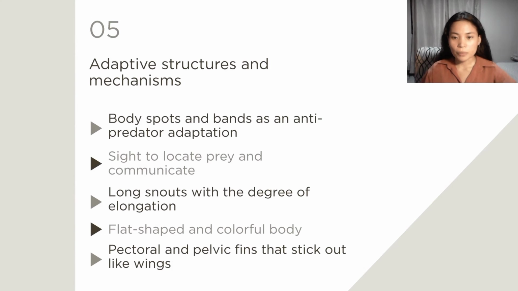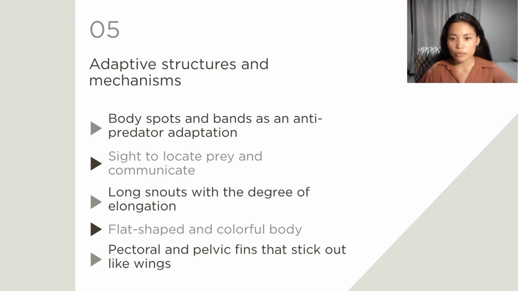The final part of the presentation will talk about the adaptive structures and mechanisms of these fish species. Adaptive structures are physical features of an organism in order to survive certain conditions. Adaptations are a result of evolution, which refers to a change in a species over long periods of time.